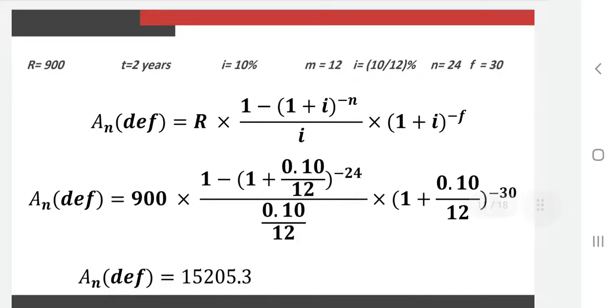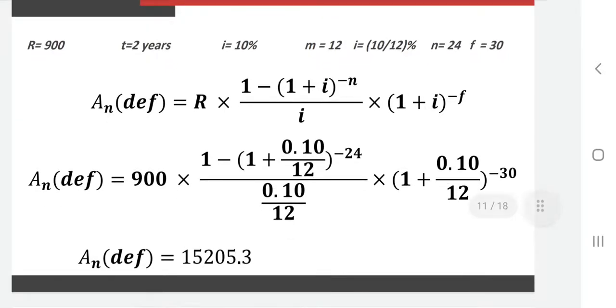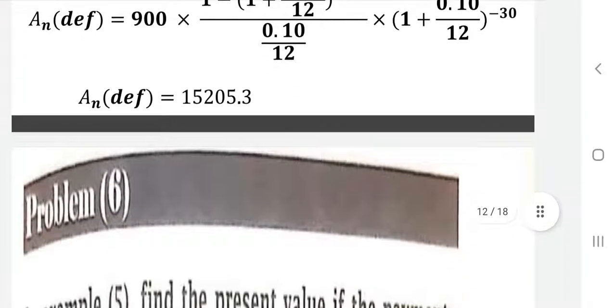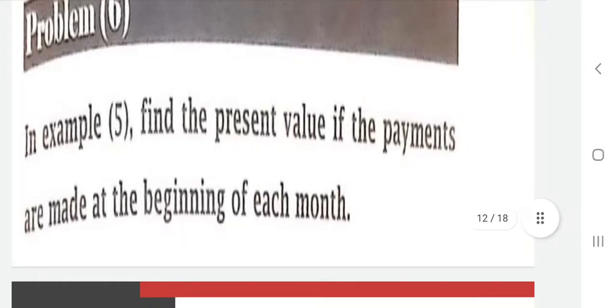By substituting for R equal 900, for J equal 10%, for M equal 12, for I equal 10% over 12, for N equal 24, for F equal 30, A sub N deferred will be equal to $15,205.3. In example number 5, find the present value if the payments are made at the beginning of each month.